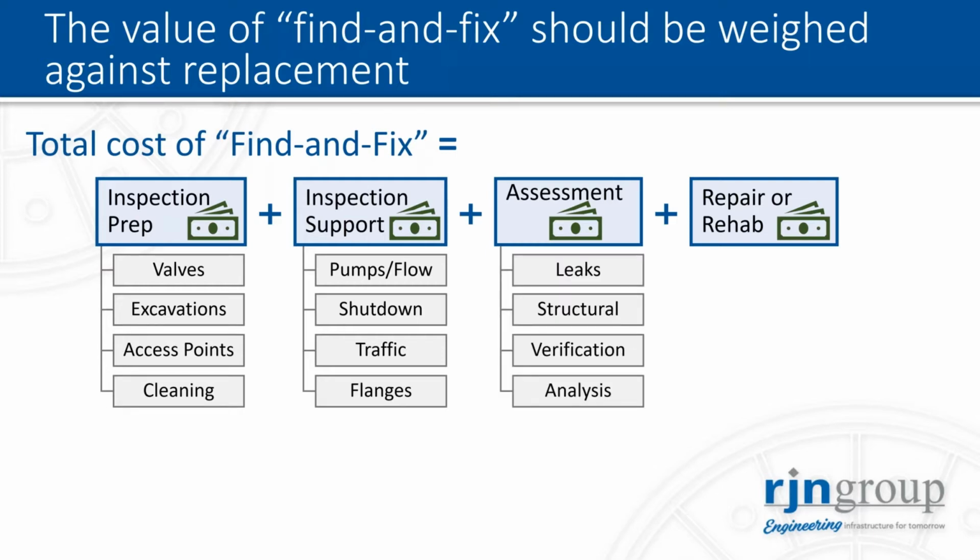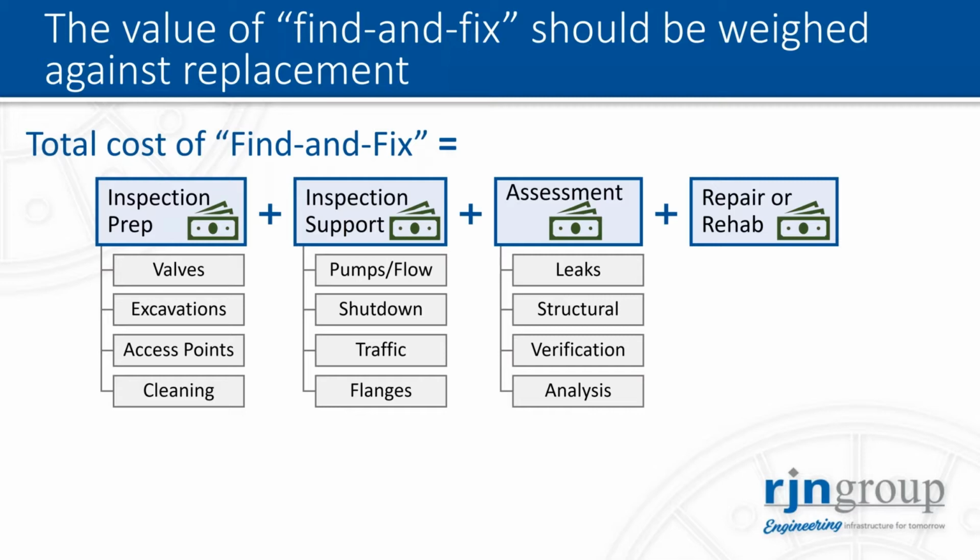Doing the inspection work itself, whether you're doing leak detection, structural pipe wall inspection, we've got to make sure that we're thinking about the verification process and the costs associated with verification. Some of these inspection tools are new and they require calibration. So we got to make sure that that verification and calibration work is included in the total cost of the project. Then finally, the engineering analysis and recommendations in terms of what to do once we find these pipe defects.